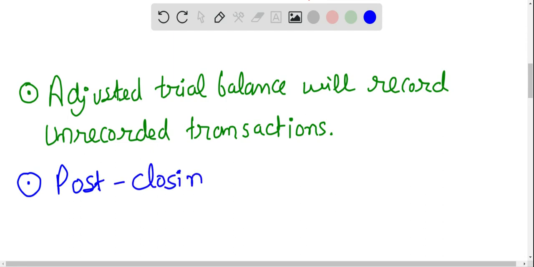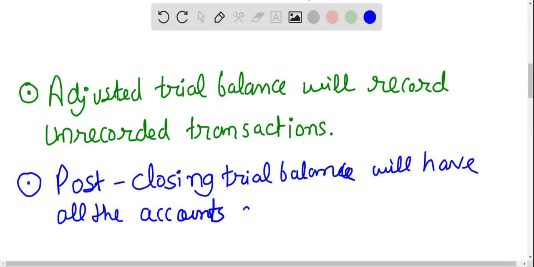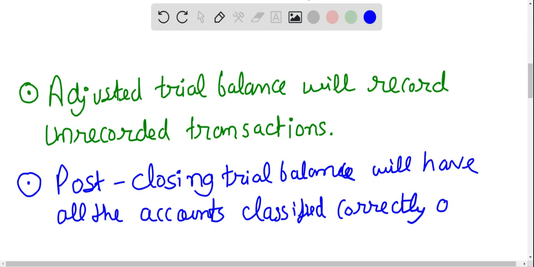Now what it does, post closing trial balance will have all the accounts classified correctly, okay, or error free.